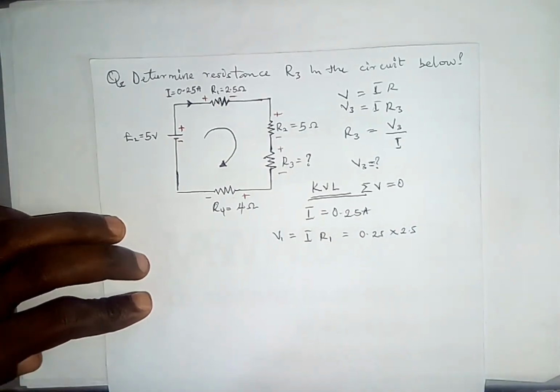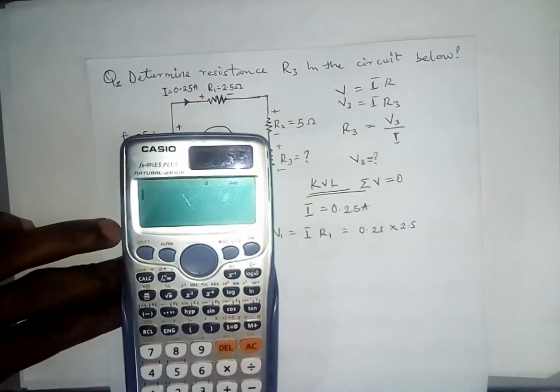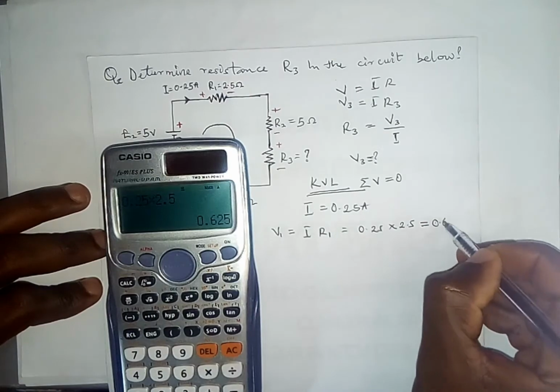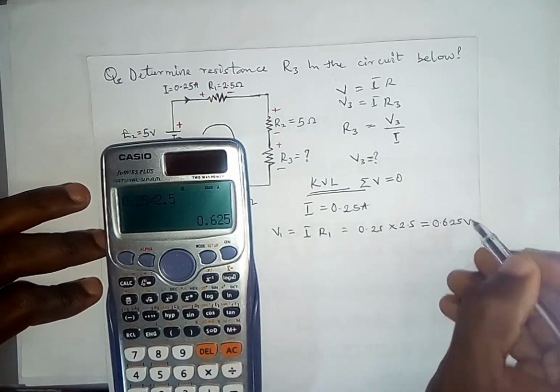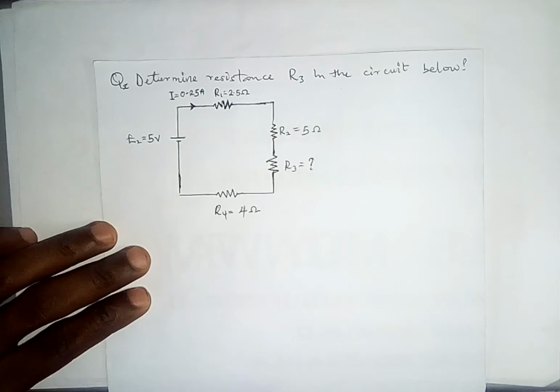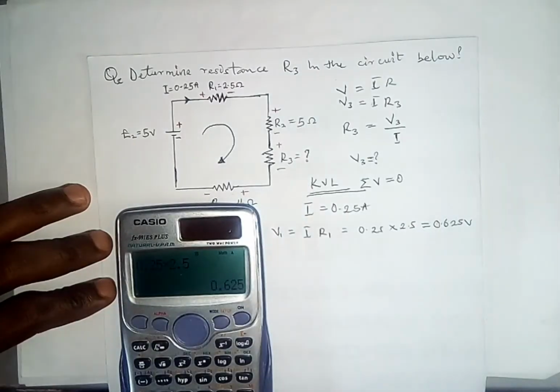We punch our calculator on that, and our V1 in this case is going to be 0.625 volts.